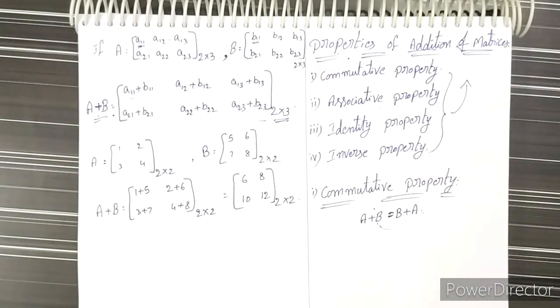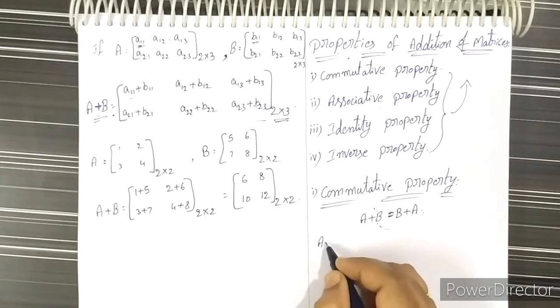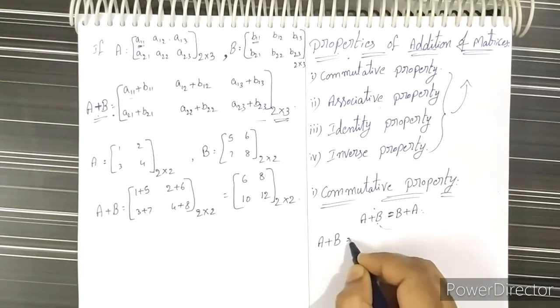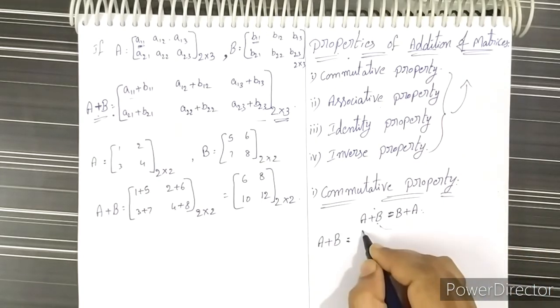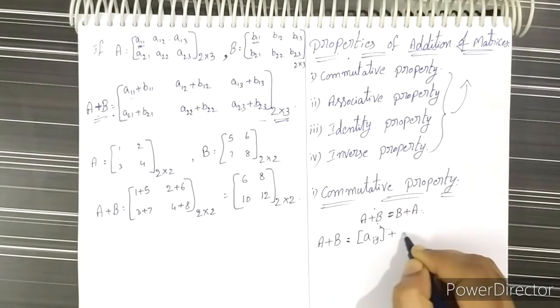First, for that we have to prove it. We can take A plus B equal to, we know already A means in the general form Aij plus B means Bij.